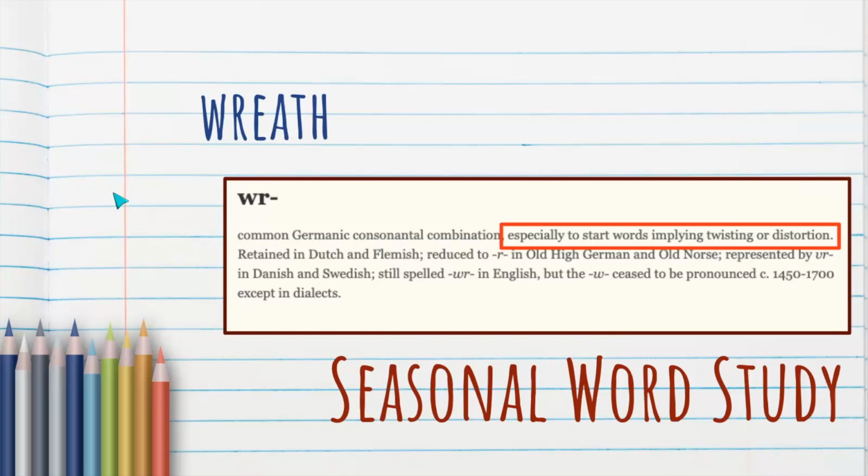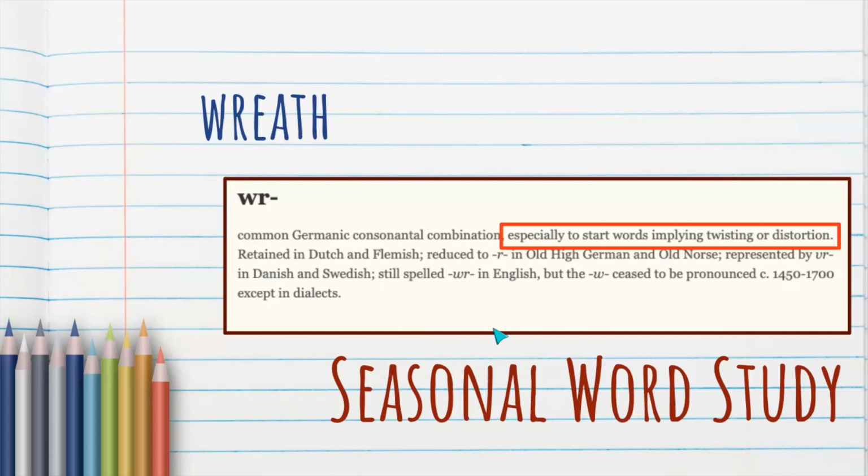So fun. Now, does this mean every word that starts with WR has this idea of twisting or distorting? No, it doesn't mean that. But when we see the WR, it might be suggesting to us that it has a German connection, and we might be able to connect it to this idea of twisting or distortion.